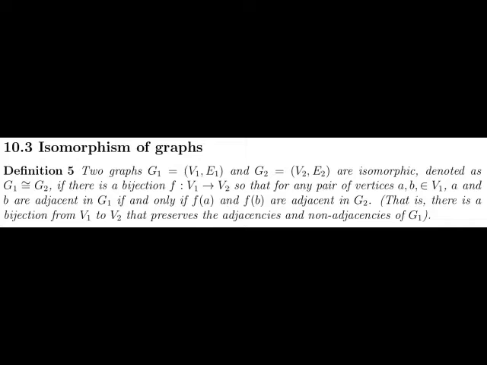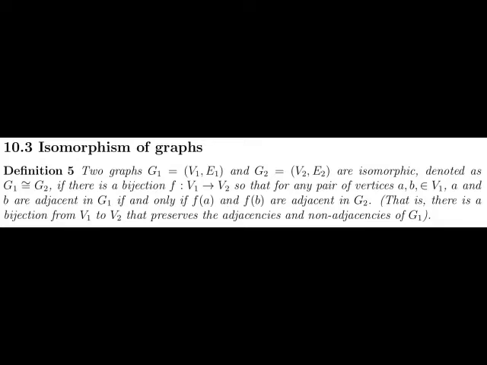Formally speaking, two graphs G1 and G2 are isomorphic if you can find a bijection f from V1, which is the vertex set of G1, to V2, which is the vertex set of G2, so that if two vertices A and B in G1 are adjacent, then f(A) and f(B) in G2 are also adjacent, and if A and B are not adjacent, then f(A) and f(B) are not adjacent.